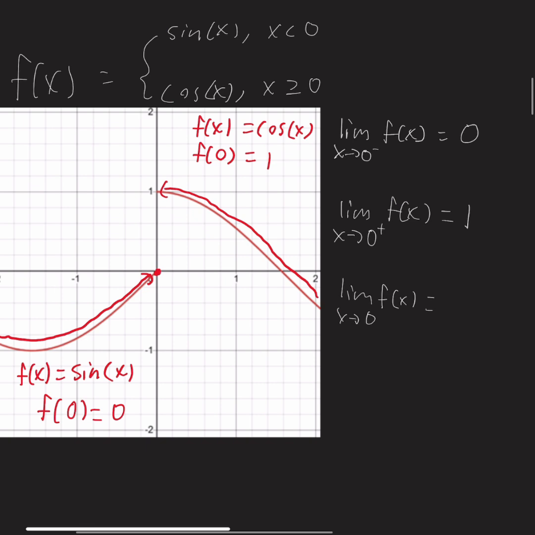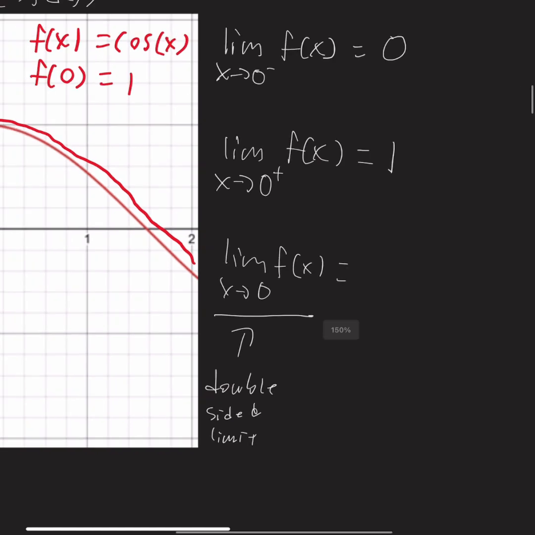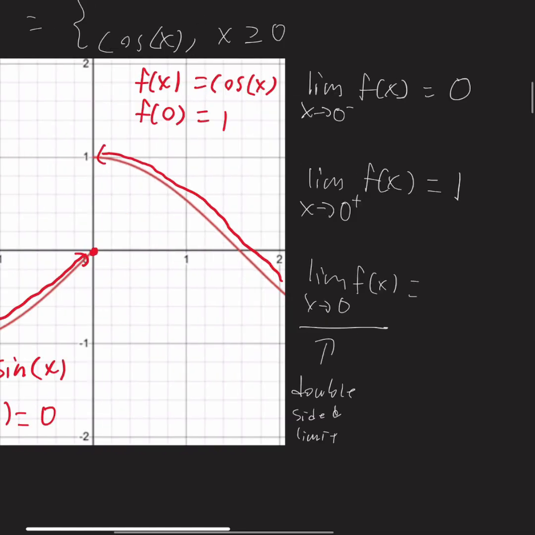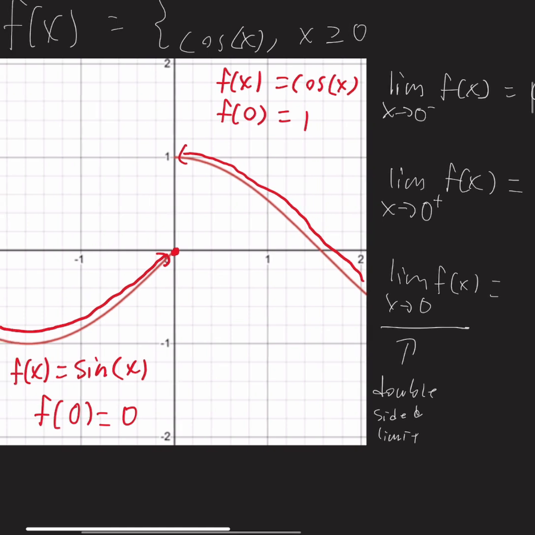But what about this limit here? Well, this limit is a double-sided limit, where it considers the values of both sides. We see the left-sided limit is approaching 0, while the right-sided limit is approaching 1.